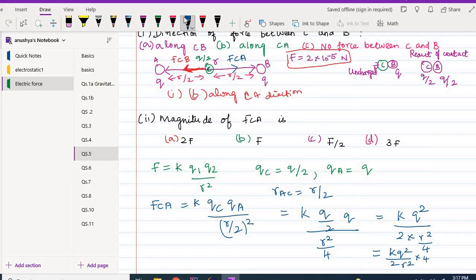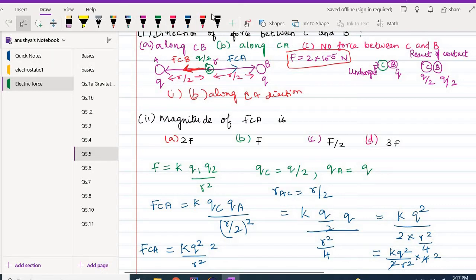Just cancel it, so the answer is K Q square 2 by R square. What is K Q square divided by R square?